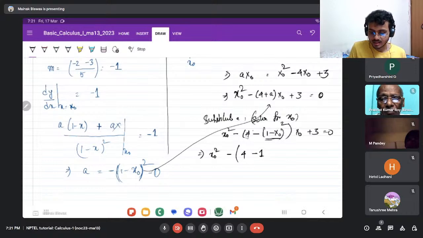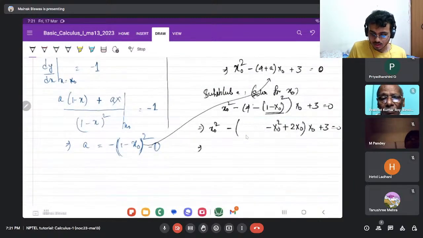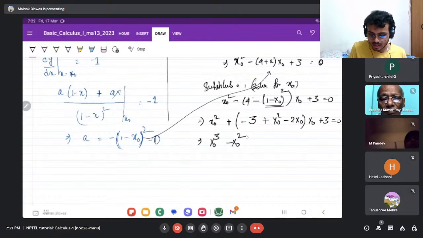So this is, I'm expanding this one. Right? So this is 3. So x naught cube, minus, plus, minus. So you have x naught cube minus x naught square minus 3x naught plus 3 is equal to 0. Can you tell me what is the solution to this problem?